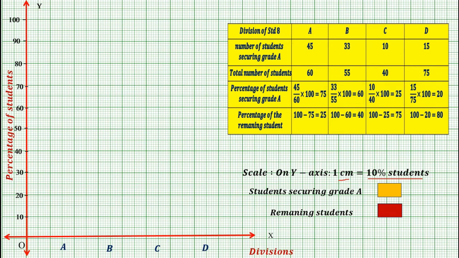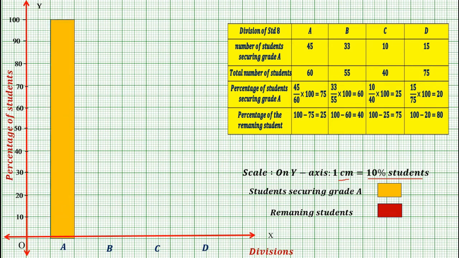Okay, so you will see here that the A division securing how much percentage. So here is a 75%. Okay, so up to 75 we are supposed to mark it. So 75 actually will be here.